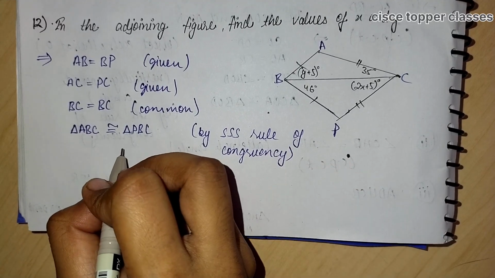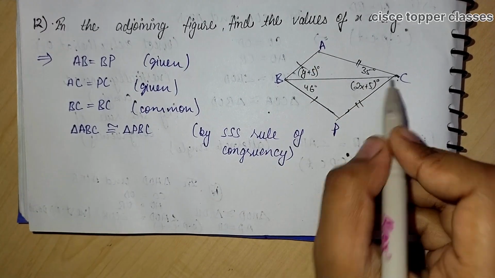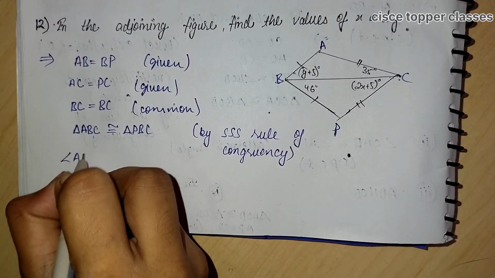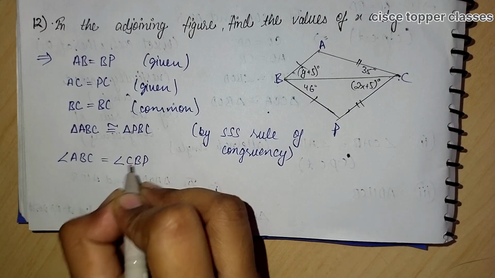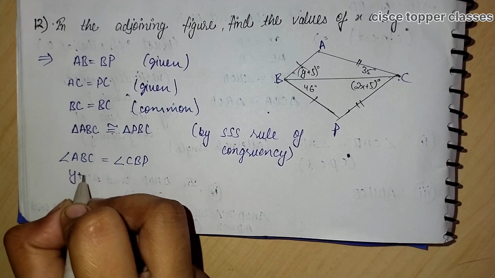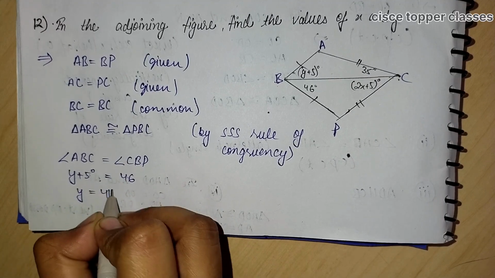Now simply we can find the values of x and y by CPCT. We have ABC is equal to angle CBP, and here y plus 5 degree is equal to 46 degree. So y is equal to 41 degree.